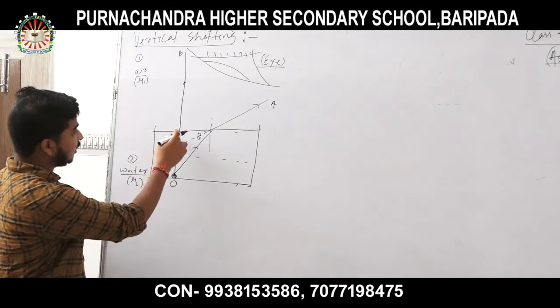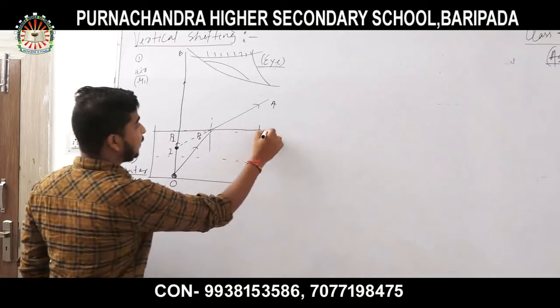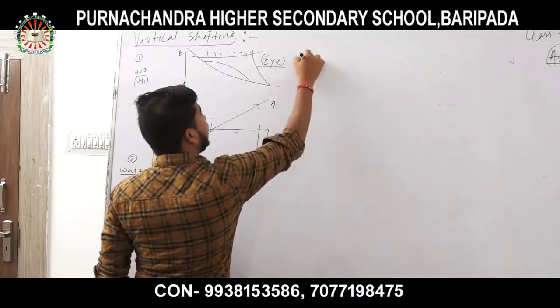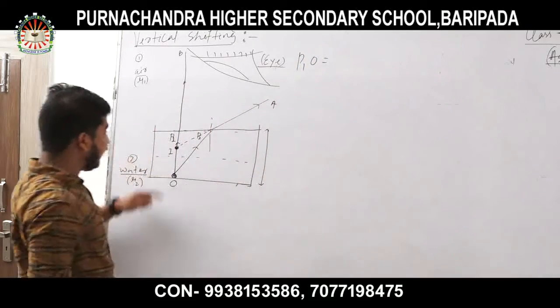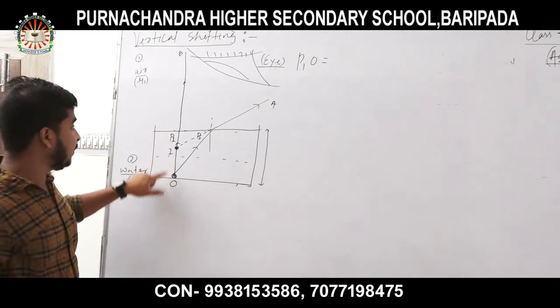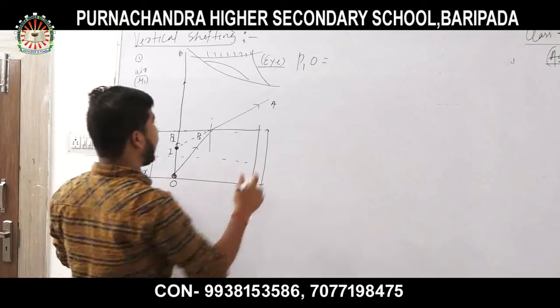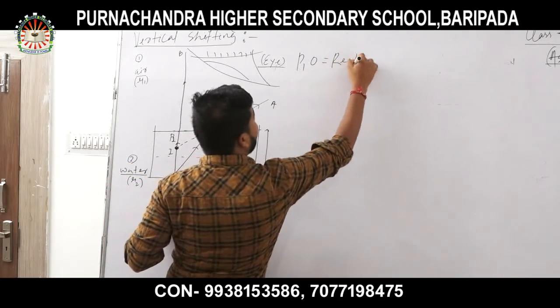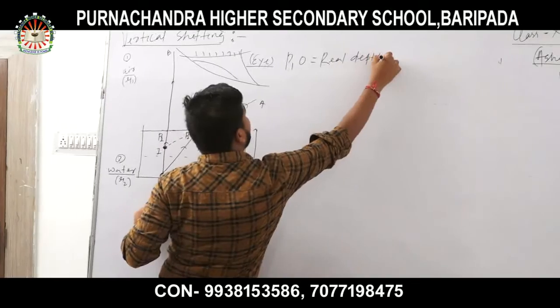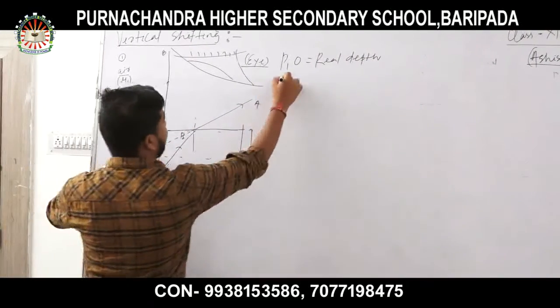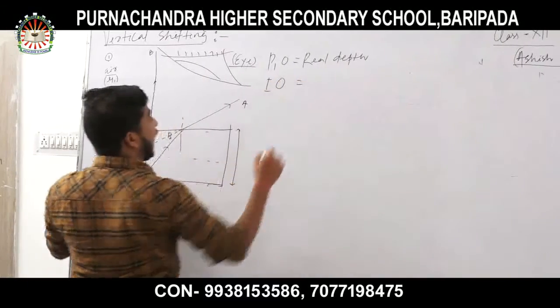So look, P1O is the real depth of the object from the interface. So P1O is known as real depth. And now look at IO.